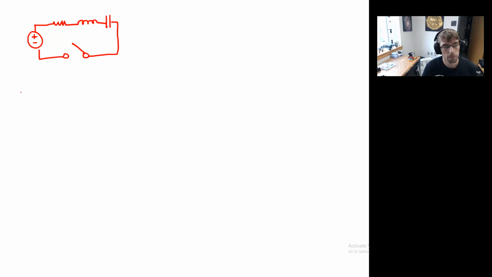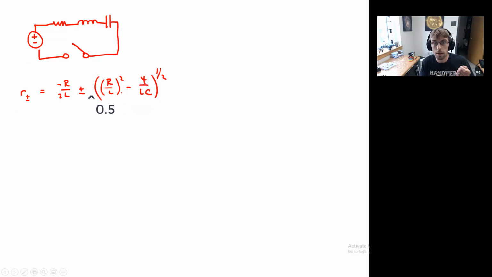Our r plus or minus has to be equal to negative R over 2L plus or minus the square root of (R over 2L) squared minus 1 over LC. I'll write this down again. And notice your choices of the parameters R, L, and C will determine whether you're overdamped, critically damped, or underdamped.